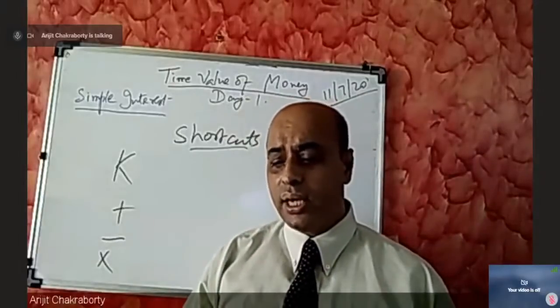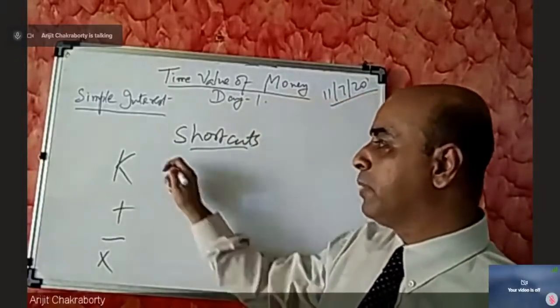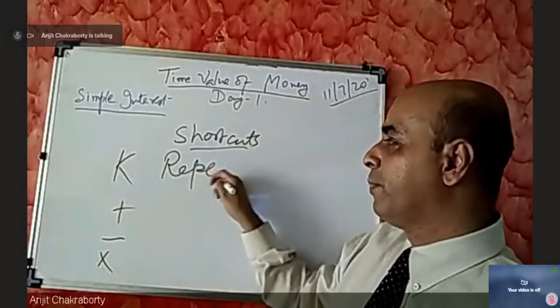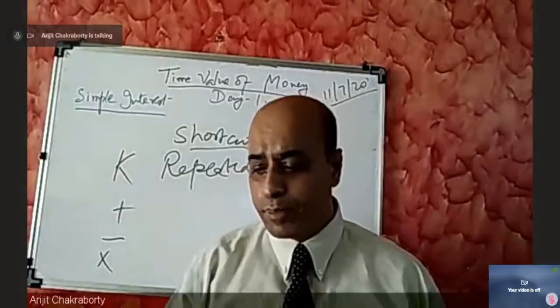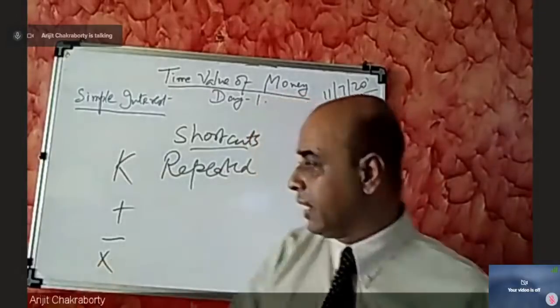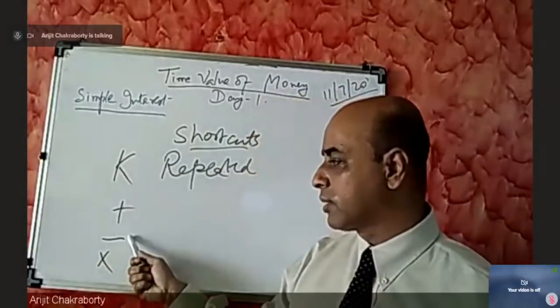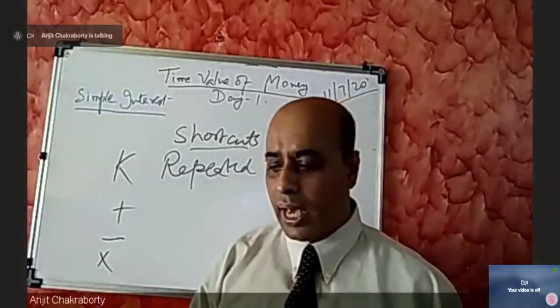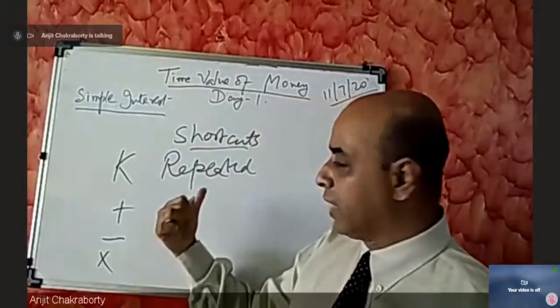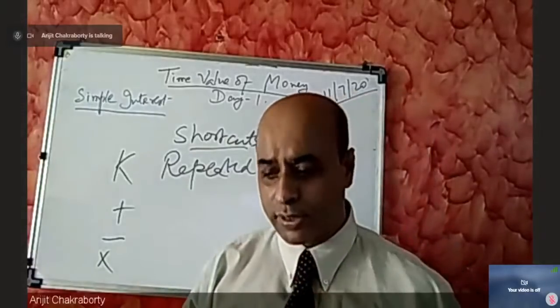The first is when you want to go for repeated calculations, you press the button, say addition or subtraction or multiplication, 2 times and you will be able to complete it in the shortcut method.